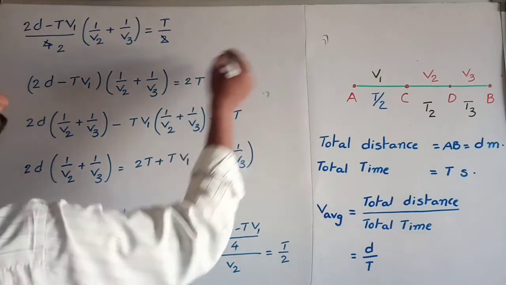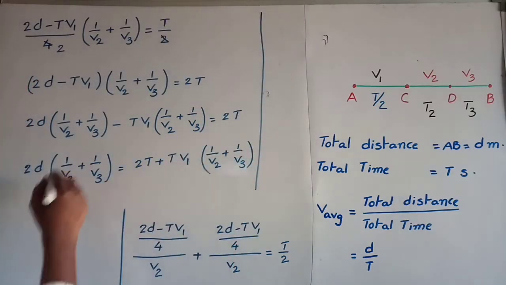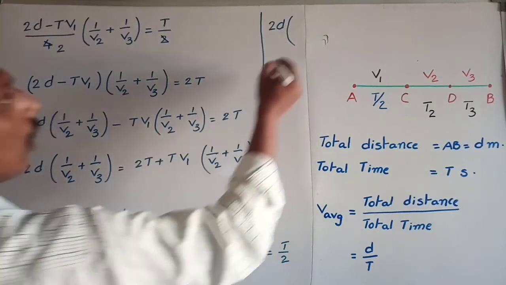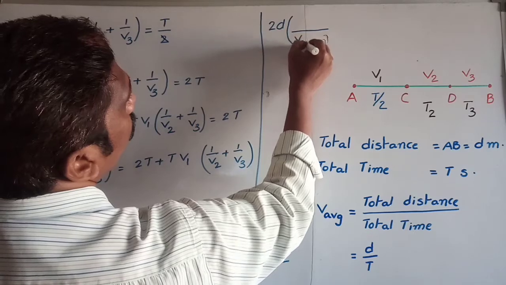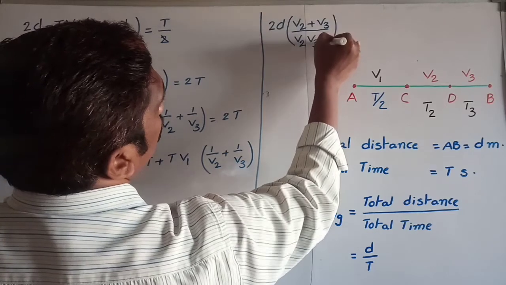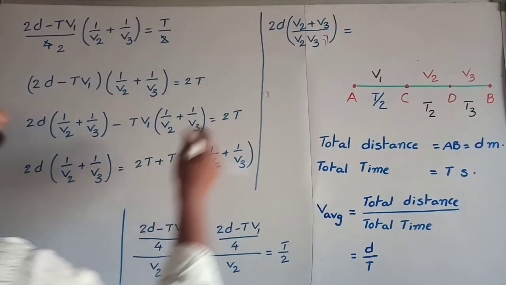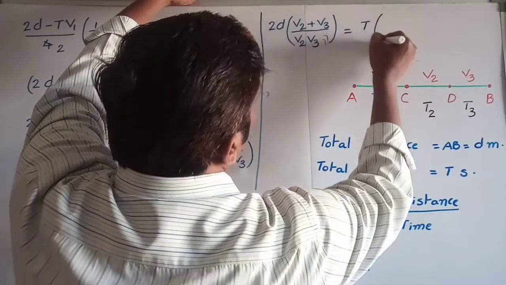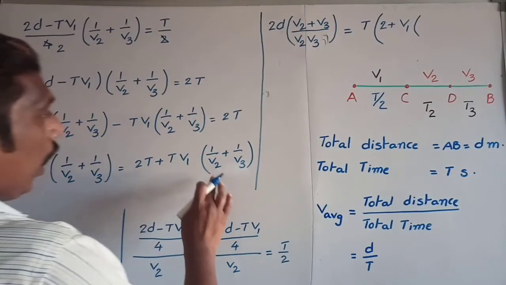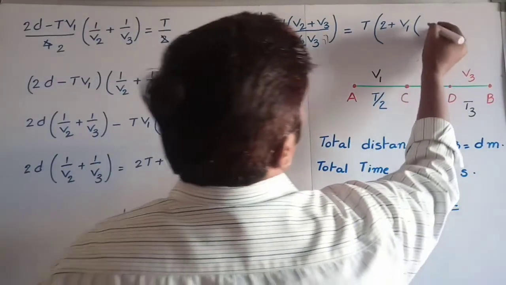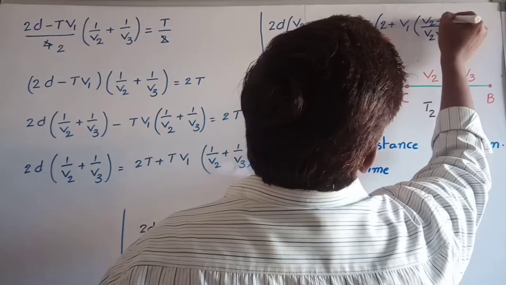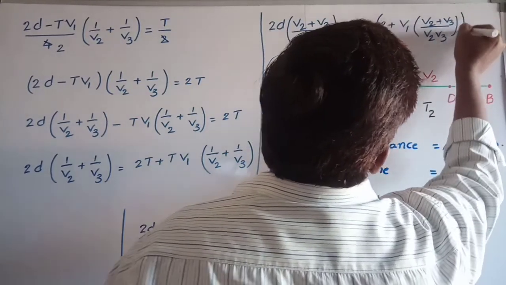On this side we have 2D into, take the LCM here, V2 V3 is the LCM, so V2 plus V3 we get, which is equal to T into (2 plus V1 into, again taking the LCM, V2 V3 is the LCM, V2 plus V3 here).